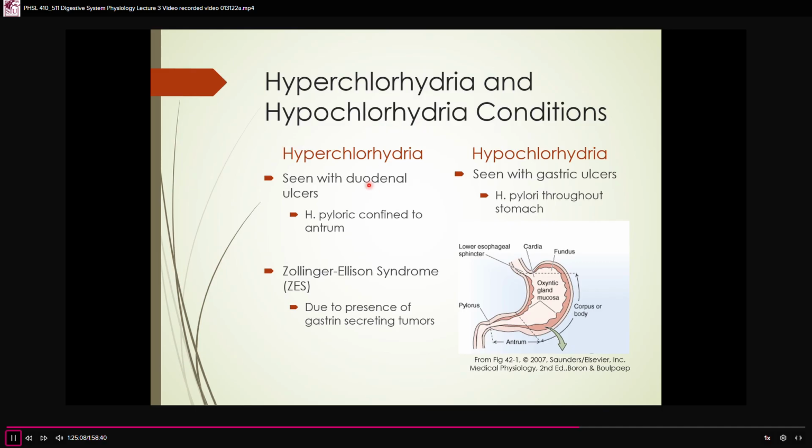So let's talk about different locations and localizations of H. pylori and how that can influence whether you have a hyperchlorhydric situation or a hypochlorhydric situation. When you have duodenal ulcers, duodenal ulcers usually occur, if they're due to H. pylori infection, when that H. pylori infection is localized to the antrum down here.